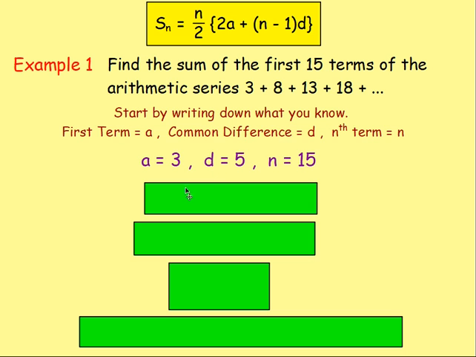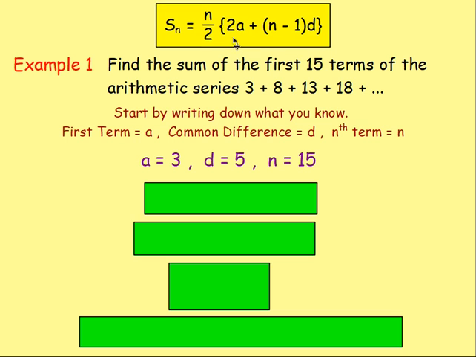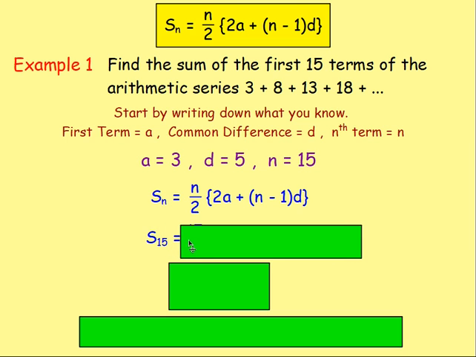To find the sum of the first 15 terms, we use this formula up here. We're going to have S15 equals, and we rewrite this, but we replace n with 15, a with 3, and d with 5.